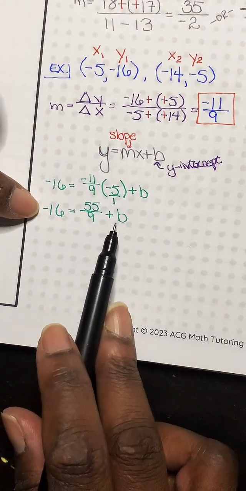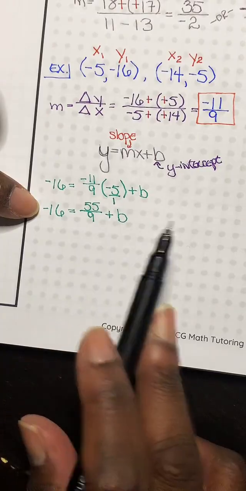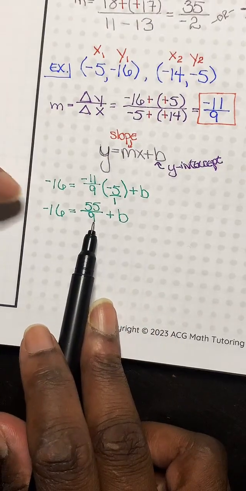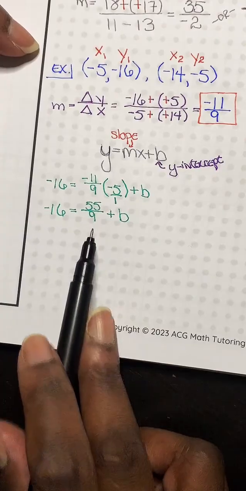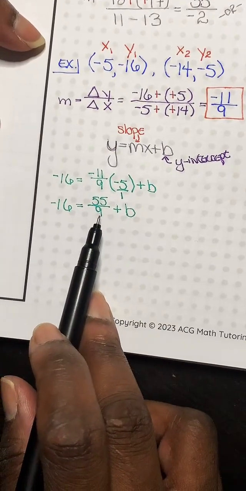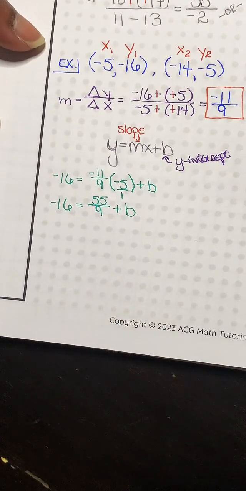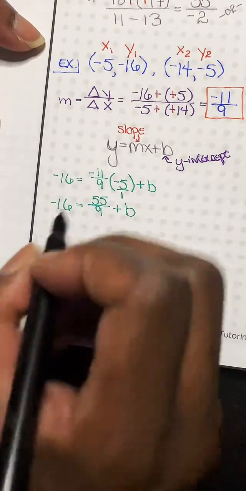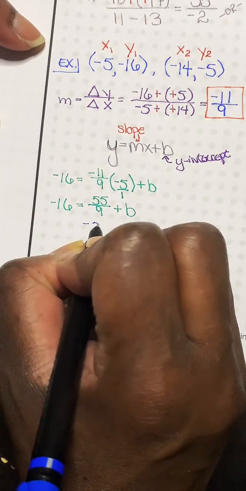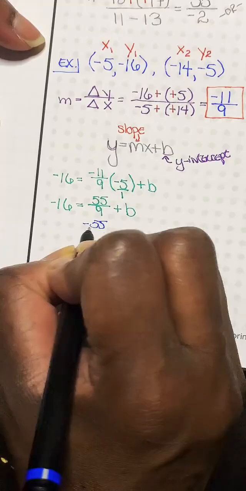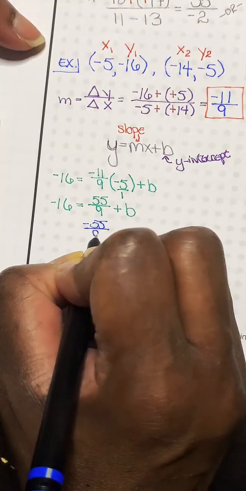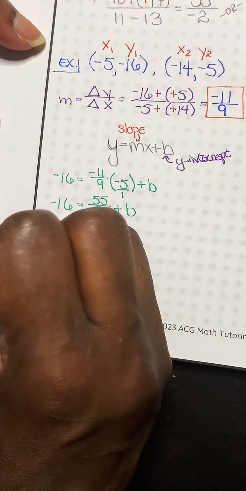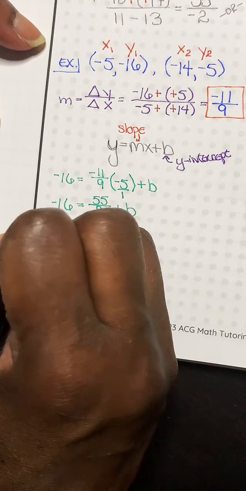Now, since we want to isolate our b, that means we need to get rid of this 55/9. Since it's a positive 55/9, we're going to subtract 55/9. I know some people are like, make it into a mixed number. This will make it so much easier, guys.